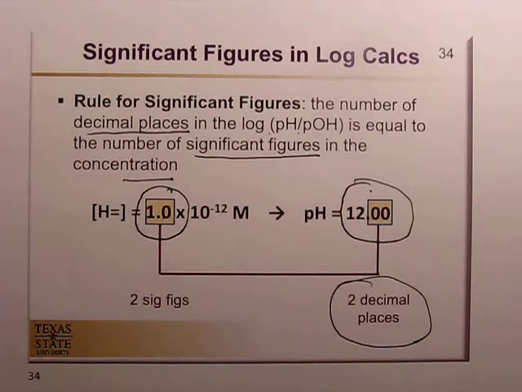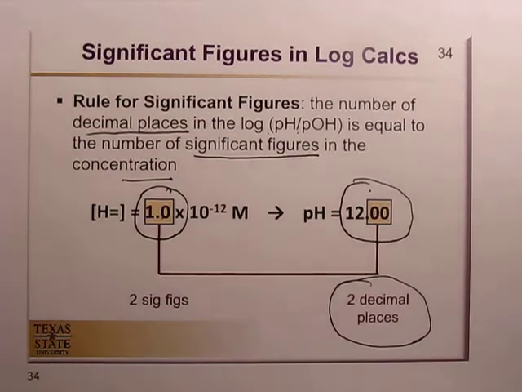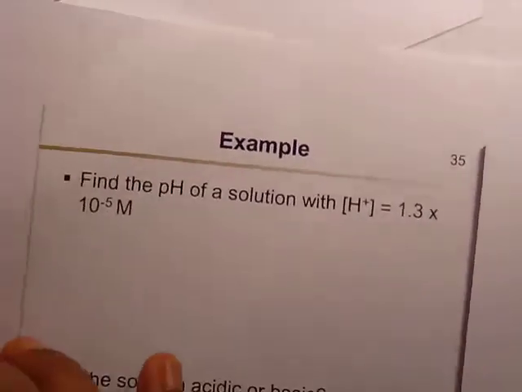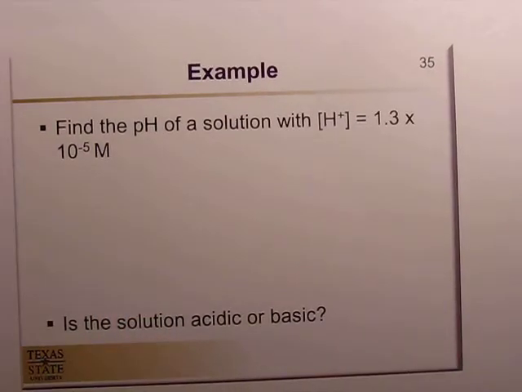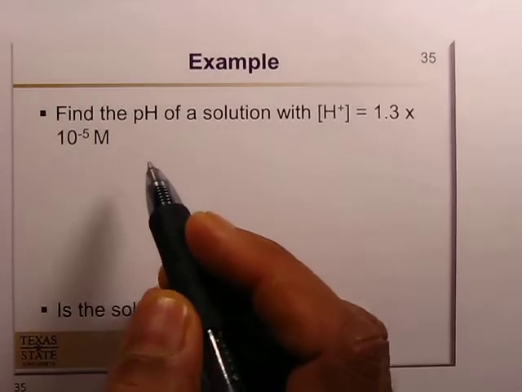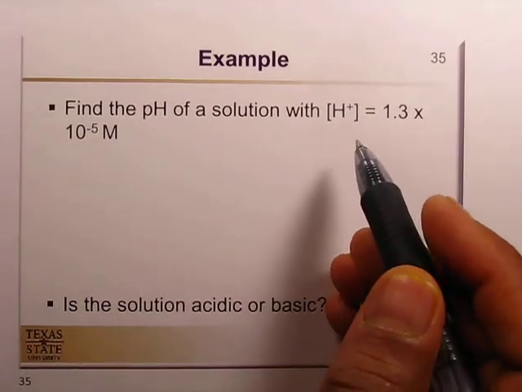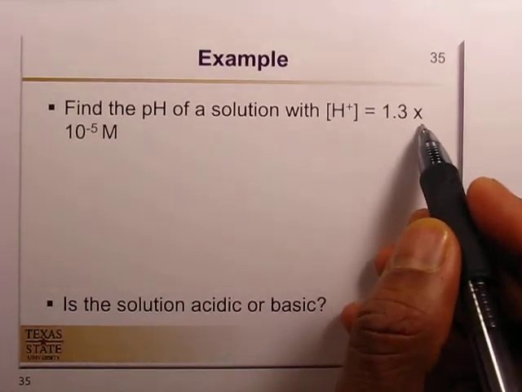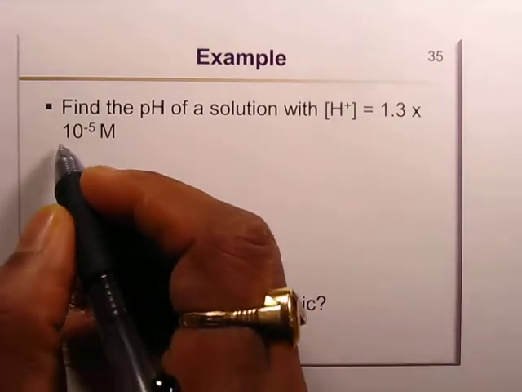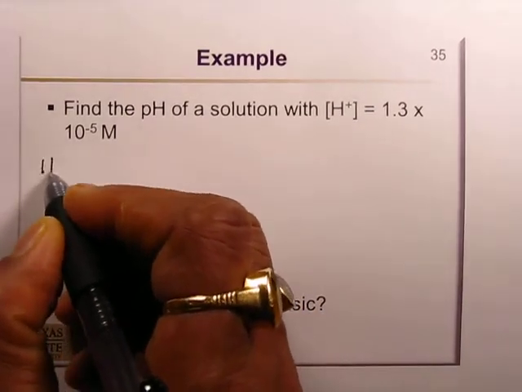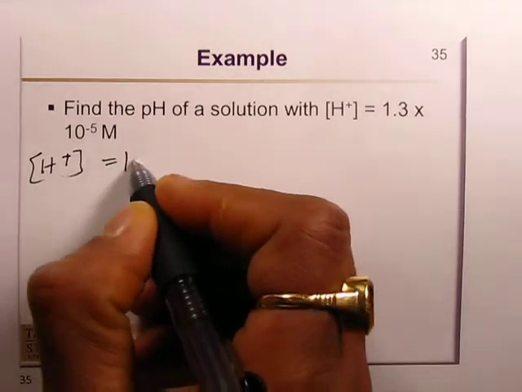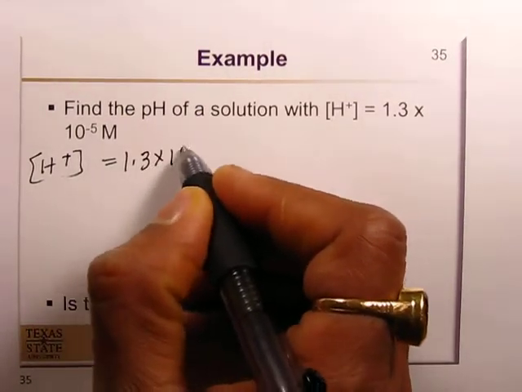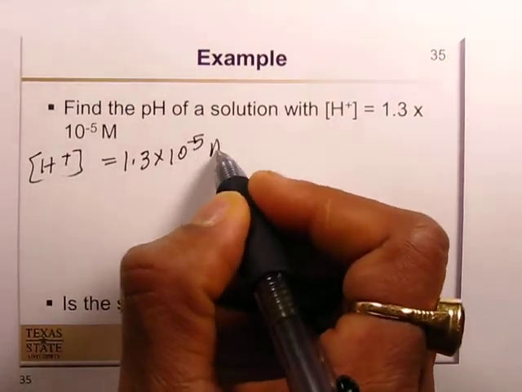Let's see a few more examples so that we can understand a little more how to calculate the pH. Find the pH of the solution with hydrogen ion concentration equal to 1.3 times 10 to the minus 5. So what we can do, the hydrogen ion concentration is given here, 1.3 times 10 to the power minus 5 molar.